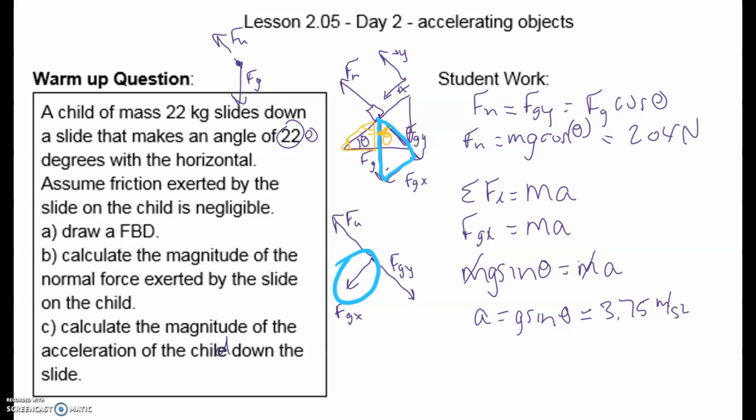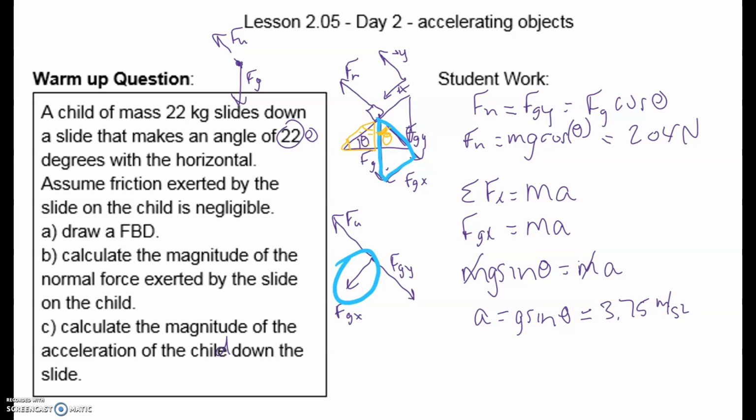Sine of 90 is a value of 1. I don't know why my brain had a little brain fart there, but sine of 90 degrees is 1. So at a 90-degree angle, our acceleration is just g, the acceleration due to gravity, which makes sense because when the slide is vertical, the child is in free fall.